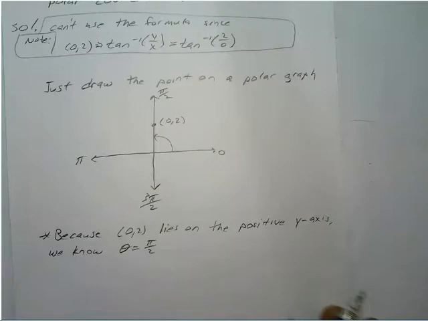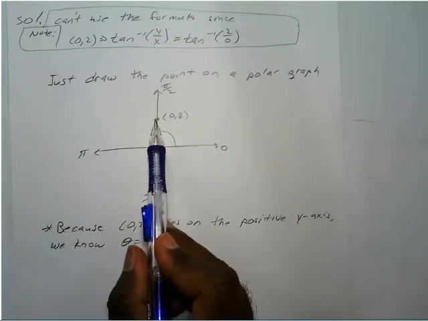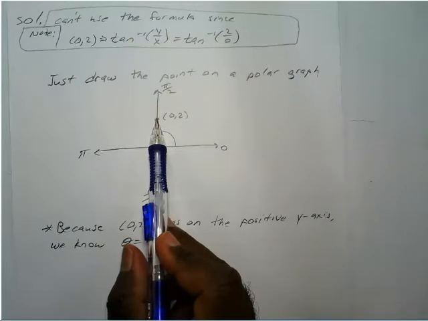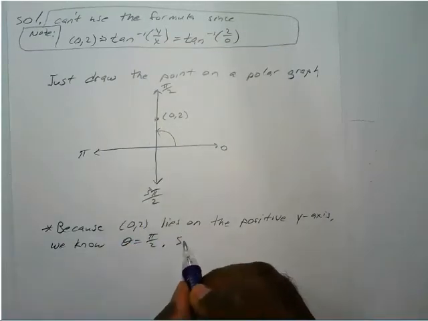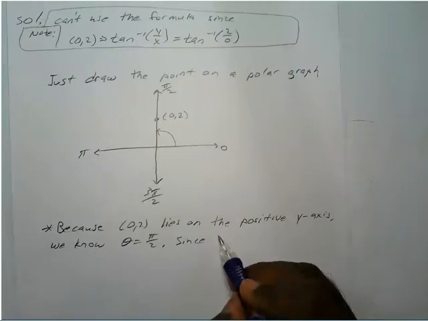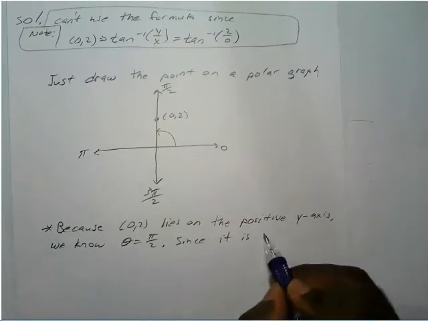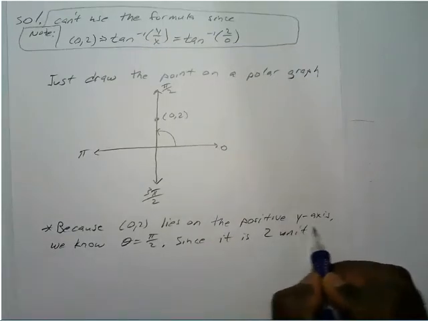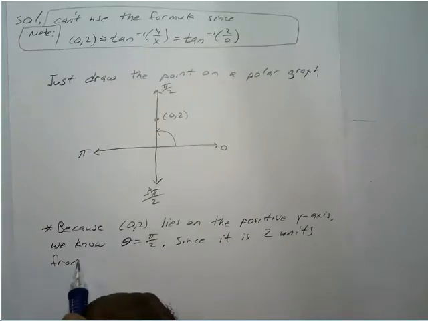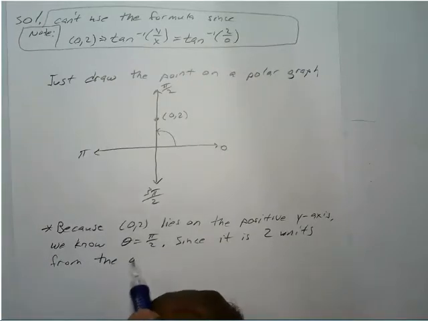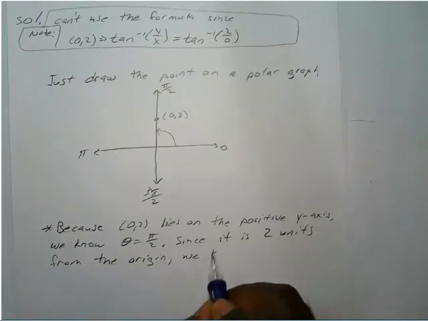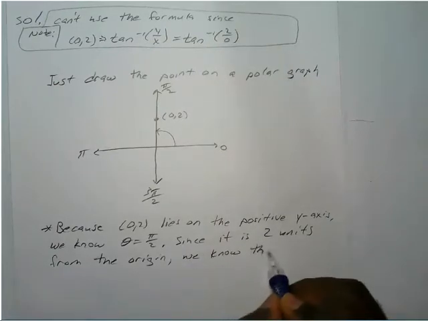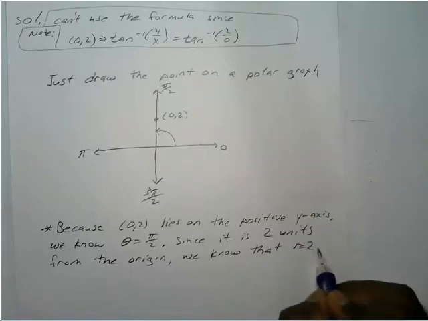Now also we know that this point is 2 units from the origin. Since it is 2 units from the origin, we know that r is equal to 2.